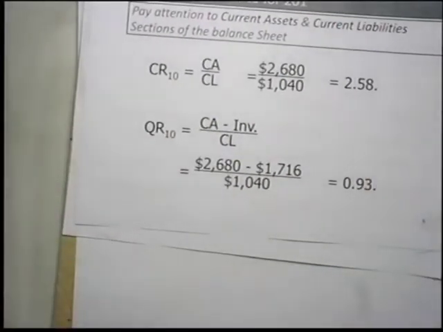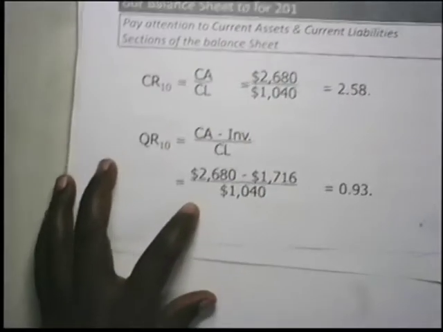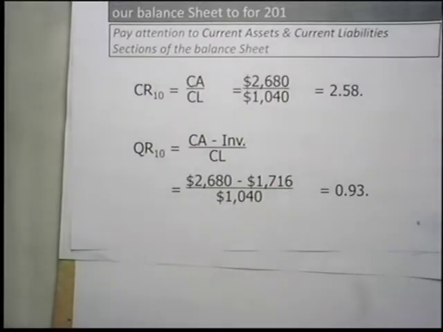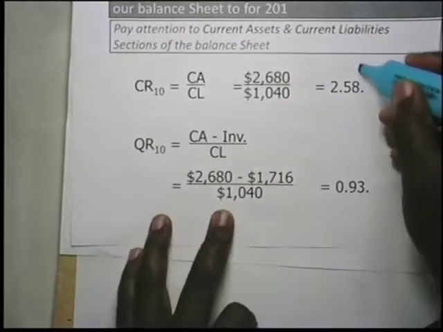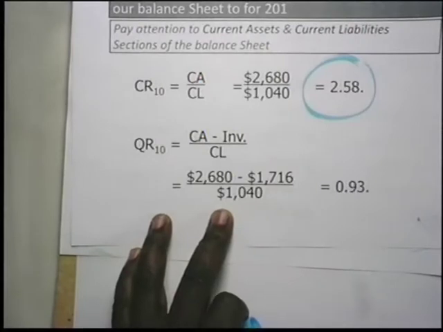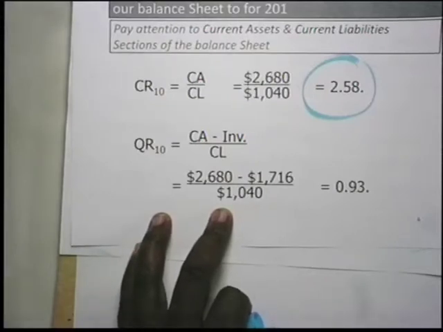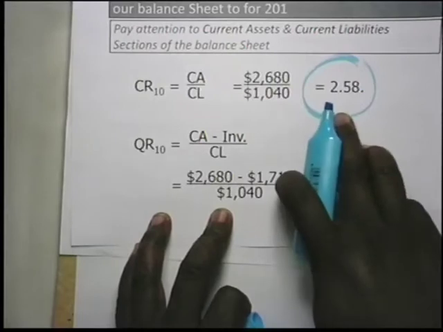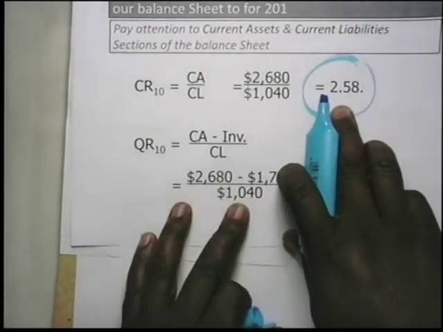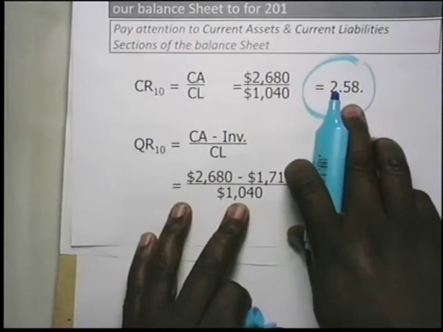We get 0.93. If you remember what we said earlier on, an ideal situation is where we have a current ratio of 1.5 to 1, though it would depend on the industry. So when you look at our ratio there, it's 2.58, which is above the ideal 1.5.